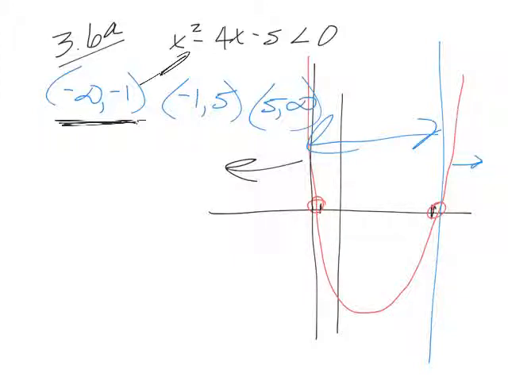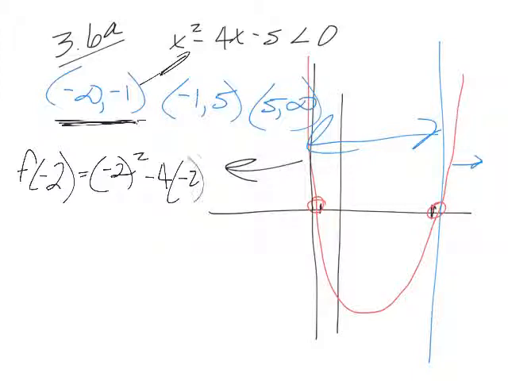So I'm looking for everything from negative infinity to negative 1, so let's put in a negative 2. That gives me negative 2, the quantity squared, minus 4 times negative 2 minus 5. And I find out when f is negative 2, my y value, or my answer, is 7.